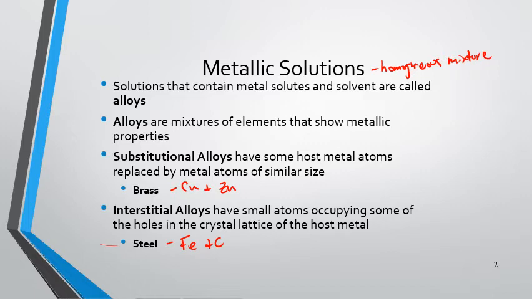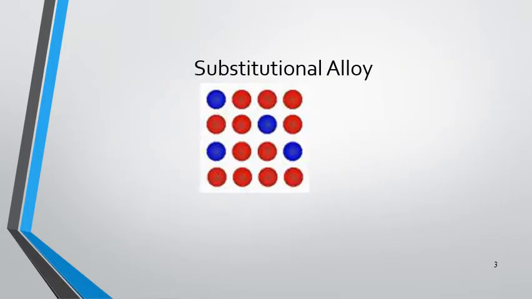I wanted to give you guys a couple of quick pictures to help relate the structure of these two different types of alloys. The first type here again is a substitutional alloy. You can hopefully see I have some red atoms and some blue atoms. Hopefully you can tell the red and the blue are of approximately the same size. The easiest analogy I can give you to help you understand the concept here is if you had a box filled with, say, tennis balls.